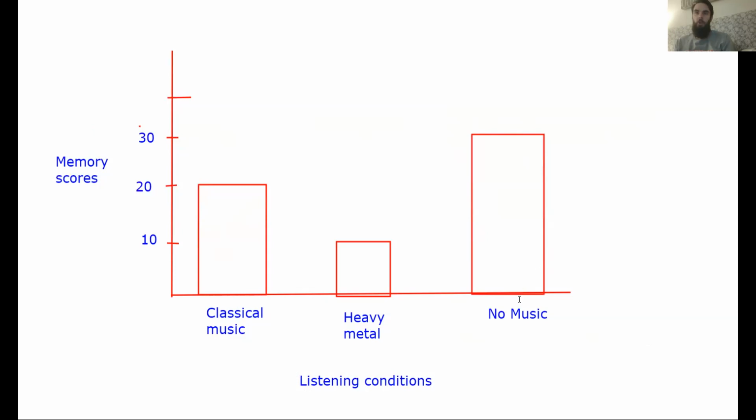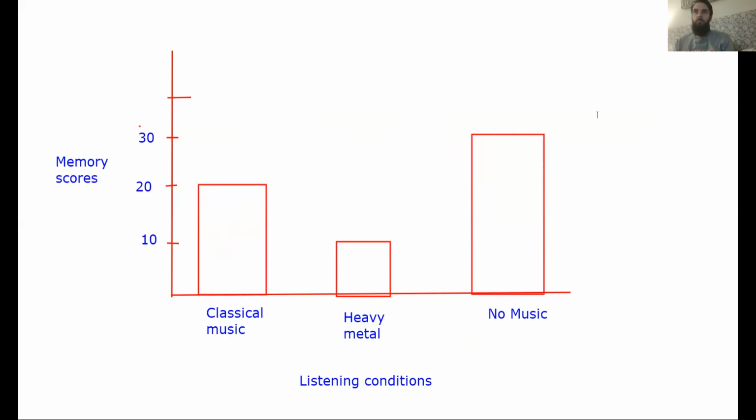When people listened to no music, their memory was 30. When people listened to heavy metal music, their memory was 10. When people listened to classical music, their memory was 20. So why am I pointing this out? Because I'm trying to illustrate what between group variance is.